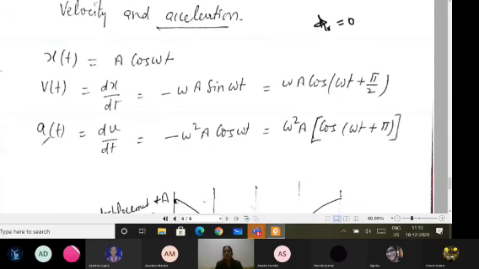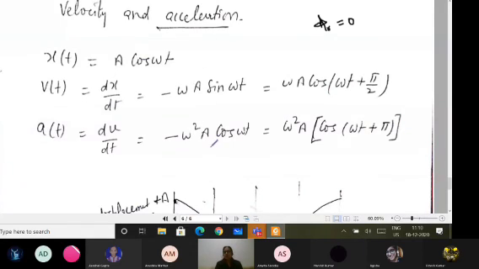And if I write the equation for acceleration dv by dt, I am getting minus omega square a cos omega t. Now this negative sign, if I have to include, then I can write it as omega square a into cos of omega t plus pi. So there is a 180 degree phase difference between the acceleration and the displacement.